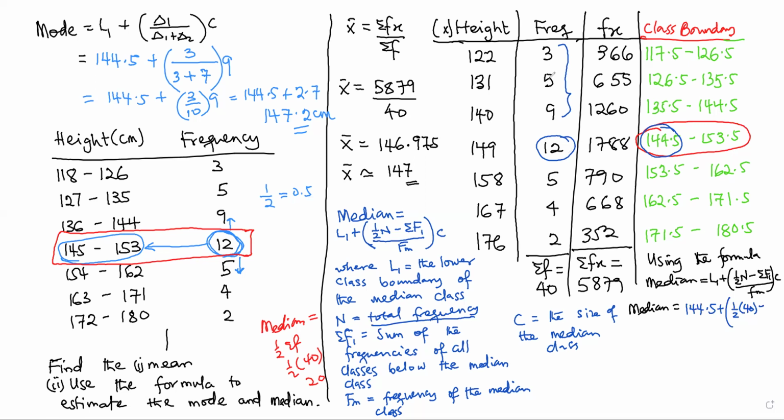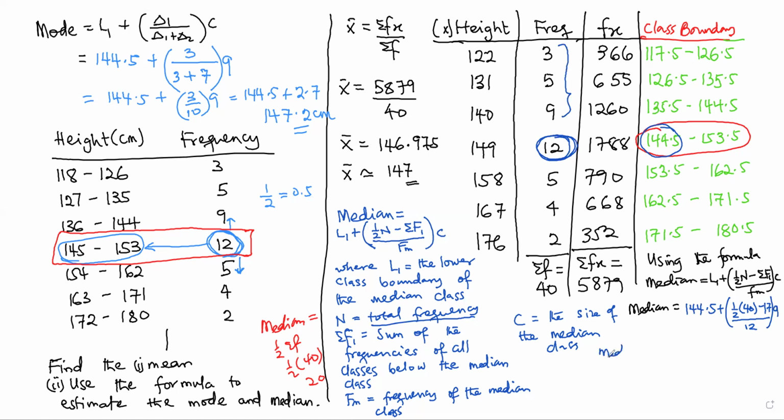So 3 plus 5 is 8. 8 plus 9 is 17. So that also gives us 17 divided by the FM, the frequency of the median class. So the frequency of the median class, as we said, with the data is from here, is 12. And my C, which I've done already when we're tackling the mode, is 9.